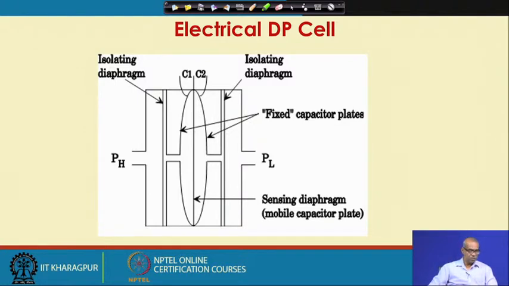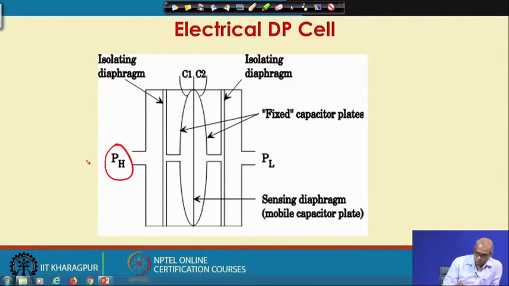So, once again a simpler schematic for that. I have a high pressure source, a low pressure source. This is one isolating diaphragm, this is another isolating diaphragm. In between I have two capacitor plates, and between these two capacitor plates I have a sensing diaphragm. Two capacitor plates are fixed and I have this in-between sensing diaphragm which can deflect.